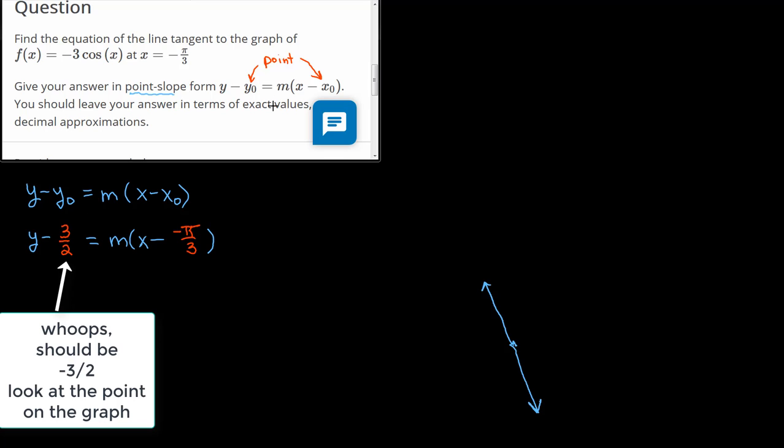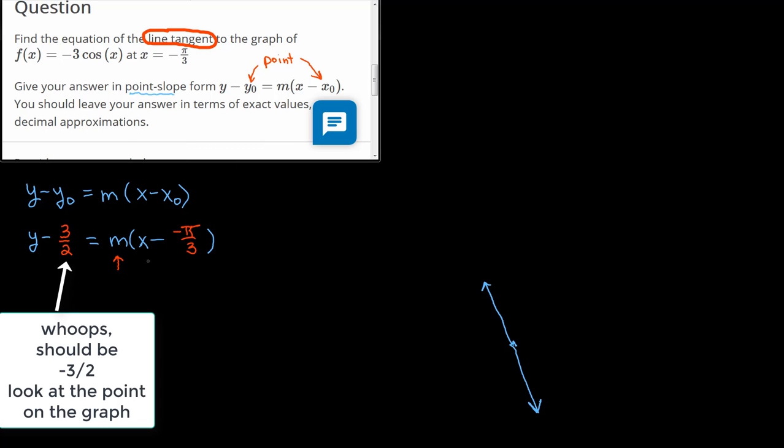So okay, that's our line equation, but we're still in trouble here because we don't know what m is. In order to write down the equation of a line, you need to know the slope. So we got the point, but now we need to know the slope. Whenever you hear the word slope and tangent line in the same sentence, you should think derivative.